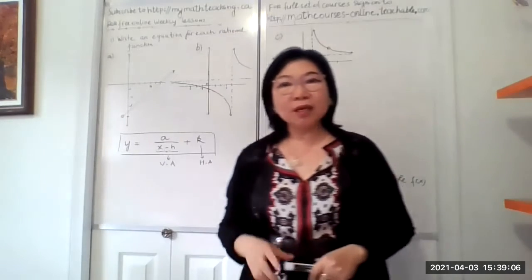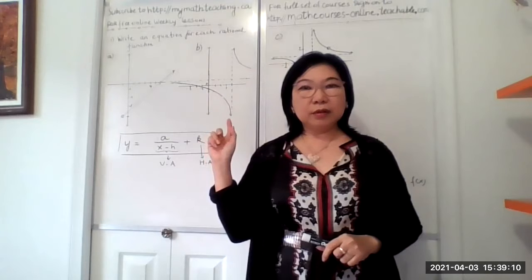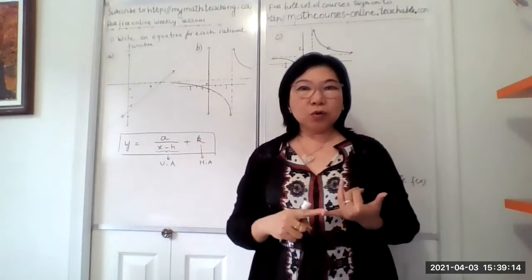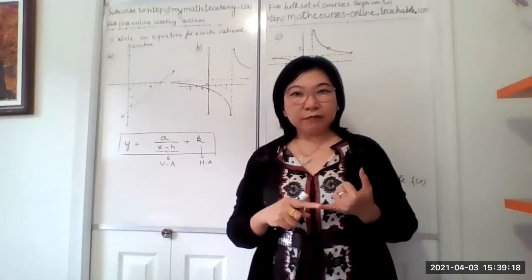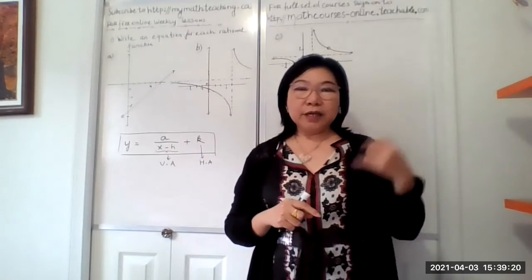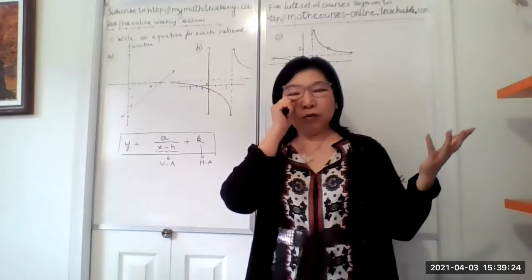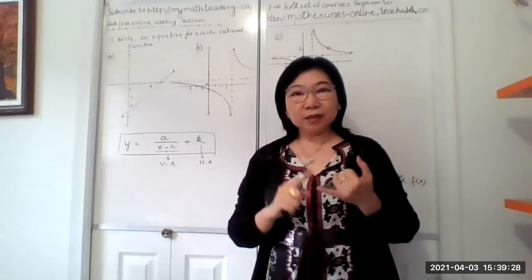correctly. So in order to write the rational function, we have to know the characteristic of their behavior, and the analysis of it we went through in the previous video.